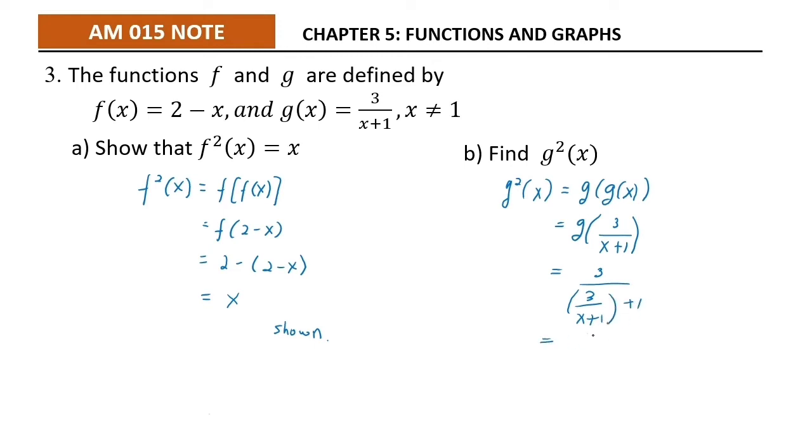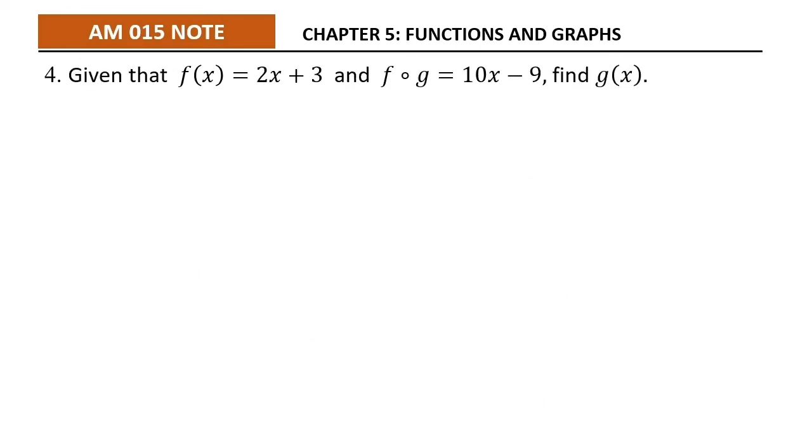And then simplify: 3 over (3 plus x plus 1) times x plus 1, so 3x plus 3 over x plus 4. This is the answer for g squared x.